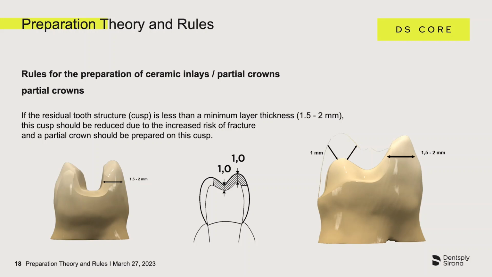The middle picture shows a schematic representation of the minimum layer thicknesses for the Cerec Tessera material from Dentsply Sirona. Depending on which material is used, the minimum layer thickness can be found in the instruction leaflets of the respective materials and prepared accordingly.